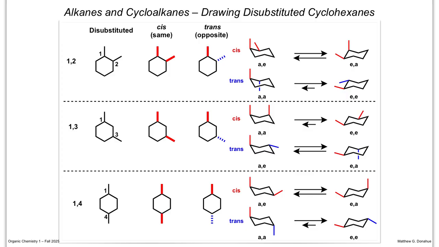But each of the three different relationships does have one that is preferred. So in this case, the trans, that cis, and then this trans one. Questions?